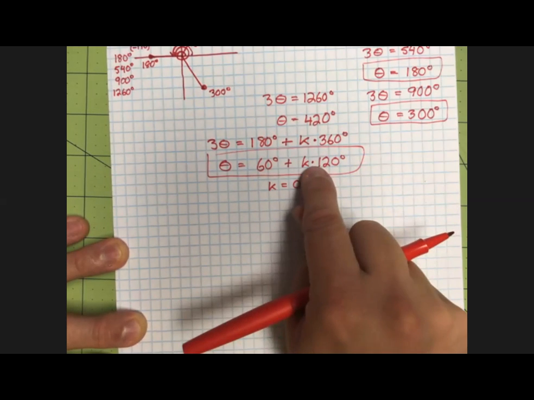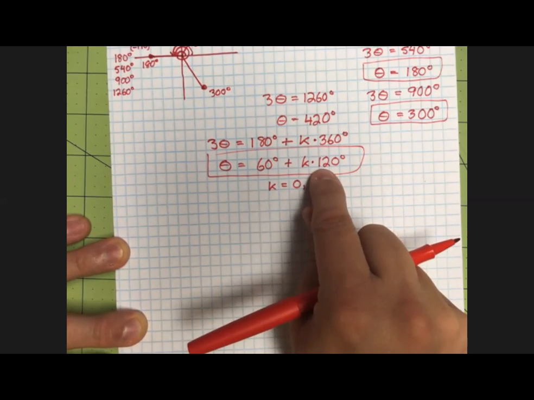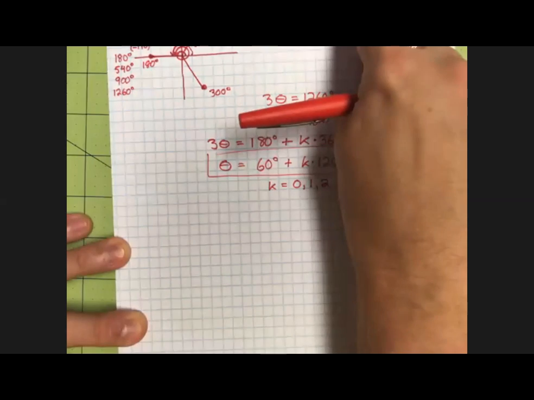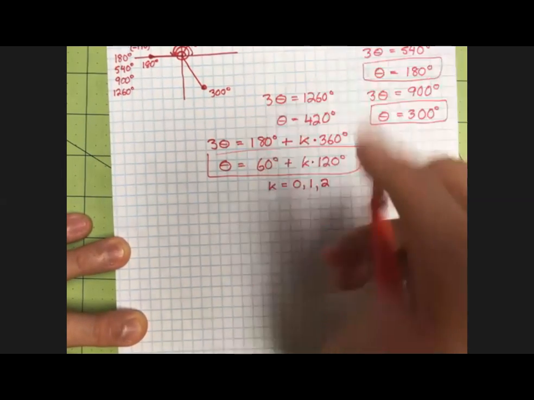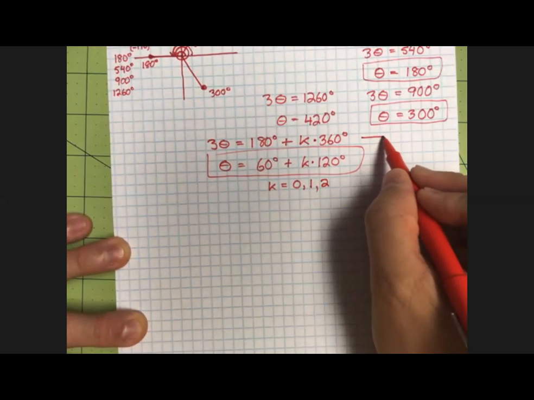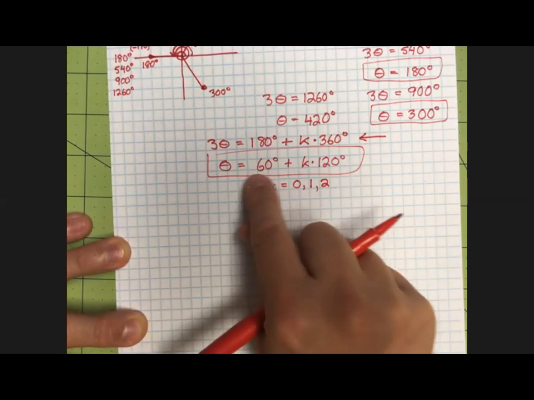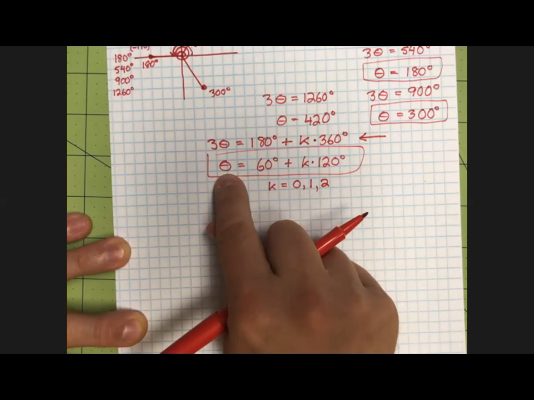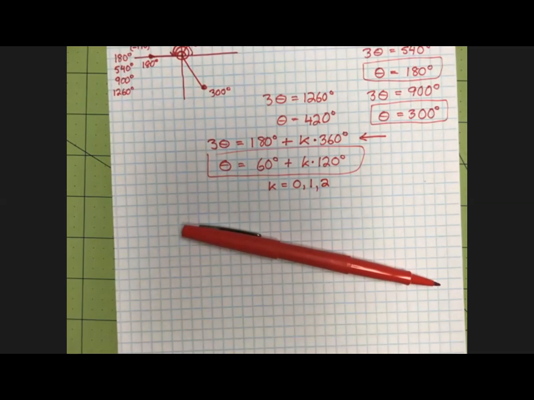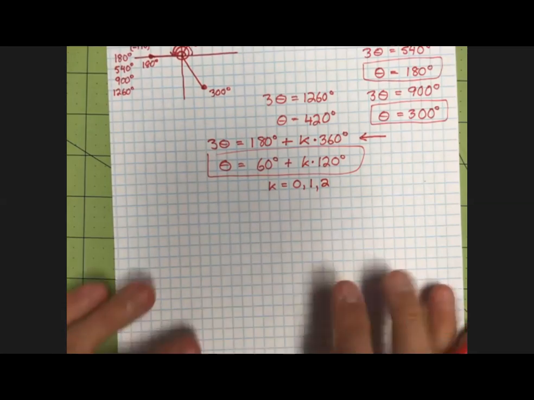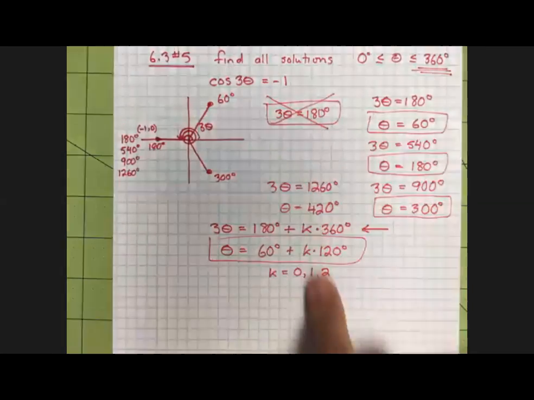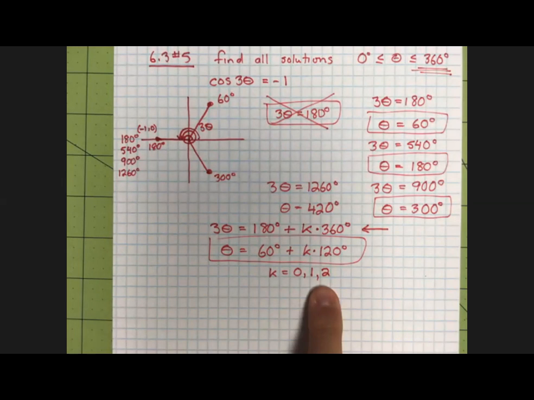If k is minus 1, I get 60 minus 120, which is minus 60, and that also wasn't in there. So remember how we could write all the answers to a problem here? In this case, that helps us discover all the answers to this problem between 0 and 360. Okay, this is the technique they're going to use on this problem all through this section.